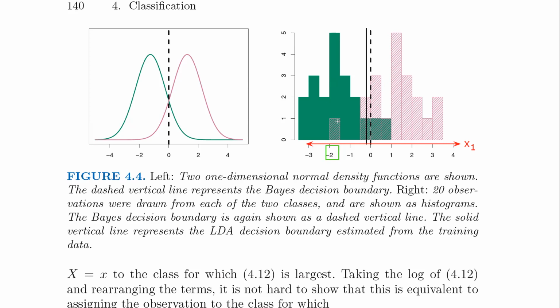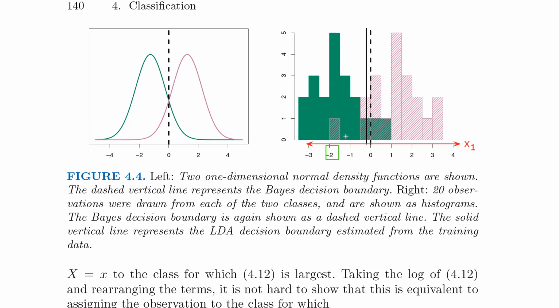We already had a brief look at this a couple of sessions ago. This pink observation, the model will classify incorrectly as green. These three green observations will be incorrectly classified as pink.